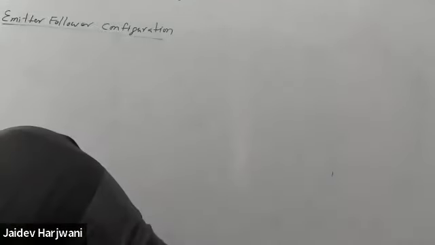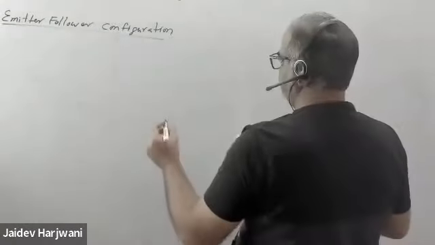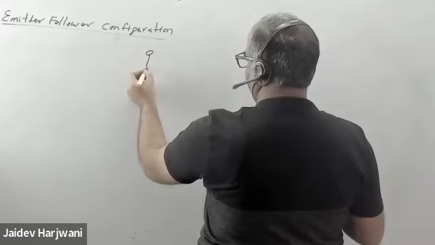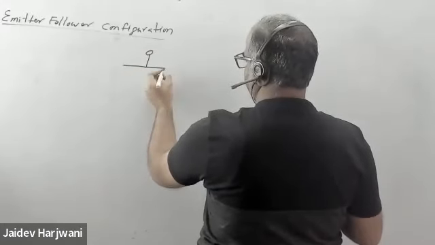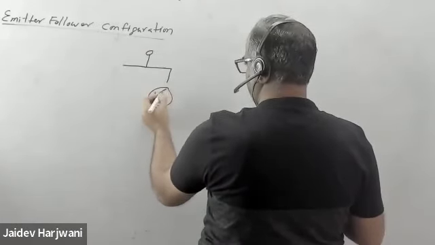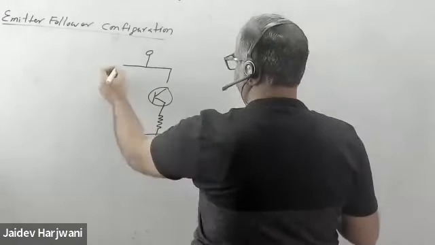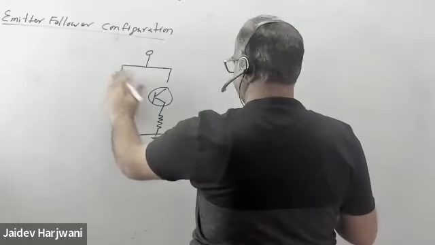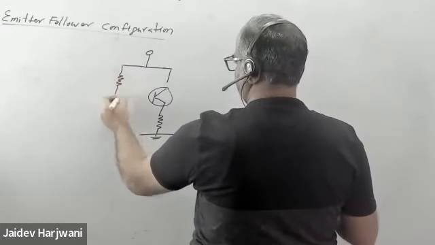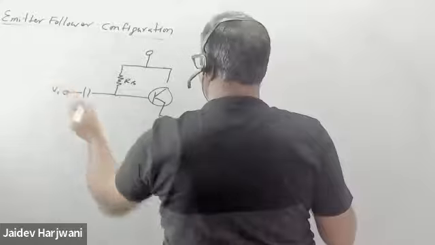So we're starting now. Today we're going to end this chapter. Now we have an emitter follower configuration. Okay. So emitter follower configuration means you have V input.